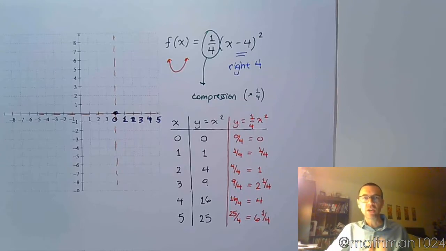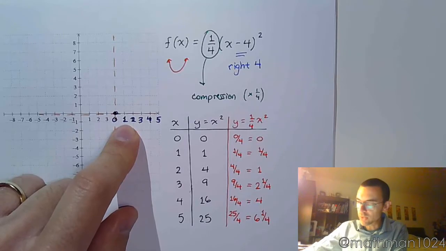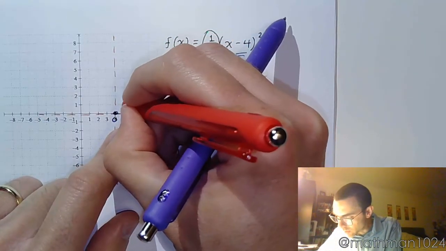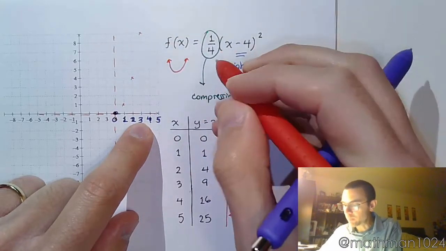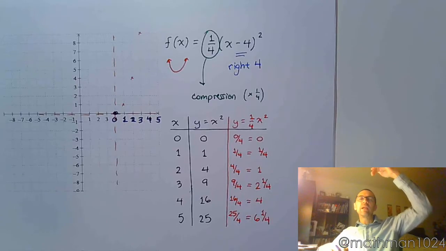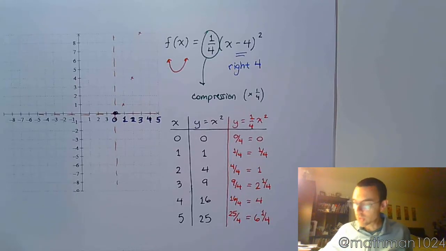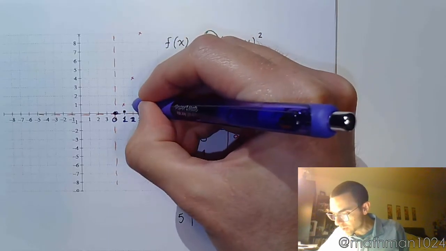I'm now basing this off of my new vertex. Again, normally I would have said 1 squared is 1, 2 squared is 4, 3 squared is 9. But that 1/4 says take all of those heights that you had and multiply that times a 4th. So I'm going to be up a quarter. 4 divided by 4 is 1.